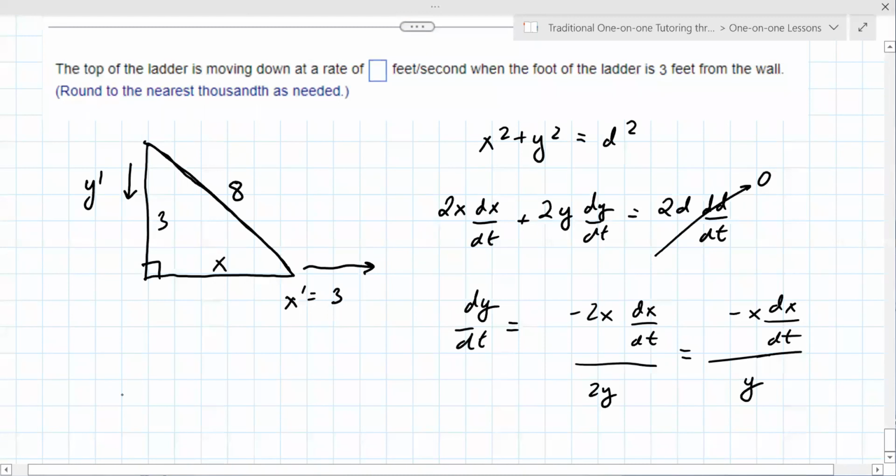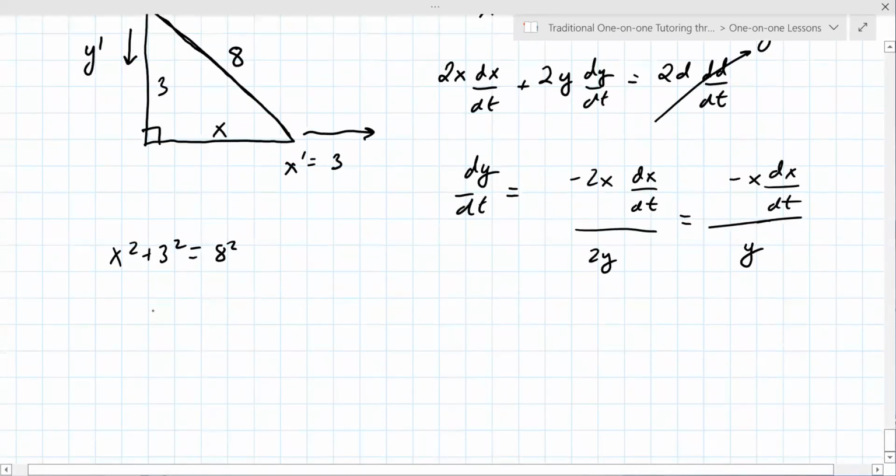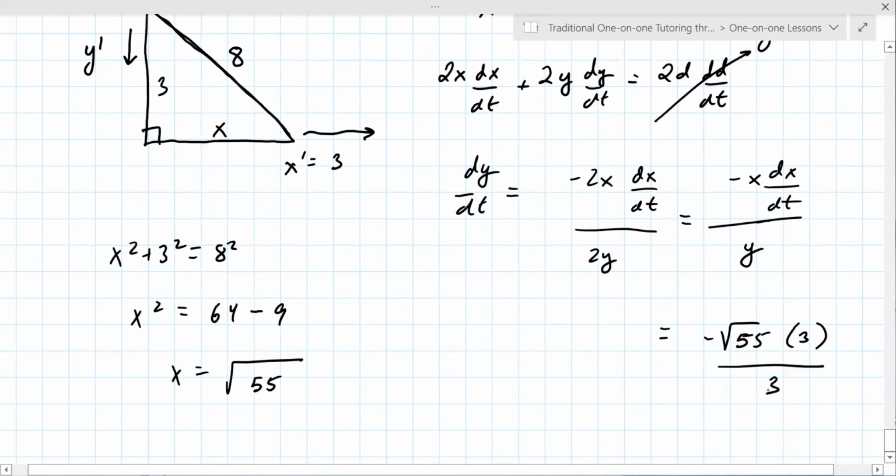You get that from the Pythagorean theorem: x squared plus 3 squared equals 8 squared. So x squared equals 64 minus 9, square rooted, so x is the square root of 55. That goes into your formula: minus square root 55 times dx/dt, which is 3, over y, which is 3. Wow, look at that, they cancel. But you do have to put that into the calculator and get a final number, minus square root 55.